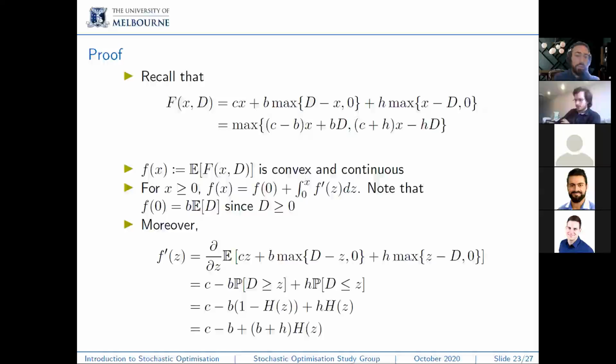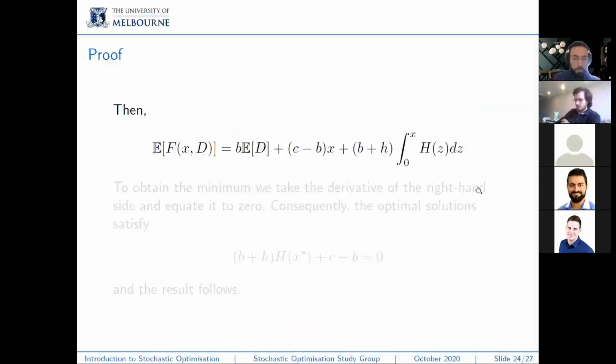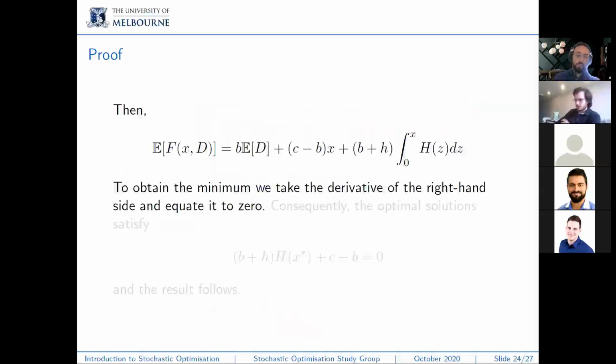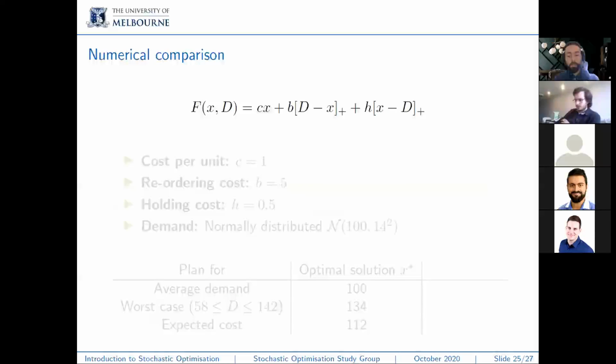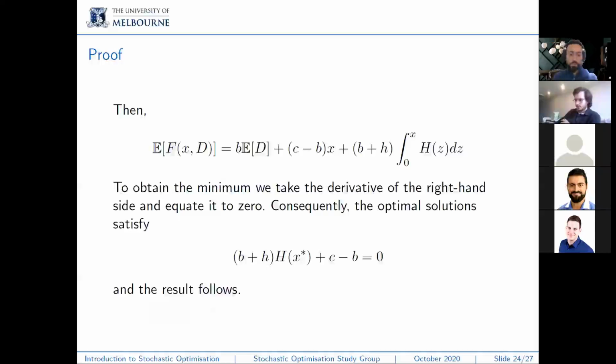So the sketch of the proof is not difficult. At the end, you can write the cost function as follows and compute the minimum. You just take the derivative of the right-hand side, equate it to 0, and end up with this equation. From this equation, you get the result I just showed you in terms of the inverse of the CDF. So for this particular example, I repeat, you could obtain a closed-form solution, but it's not common at all.